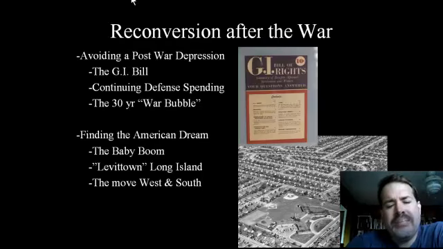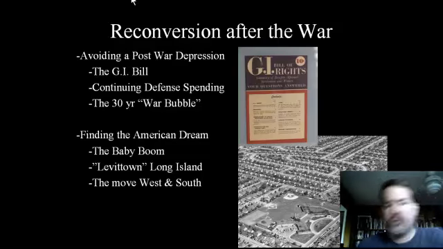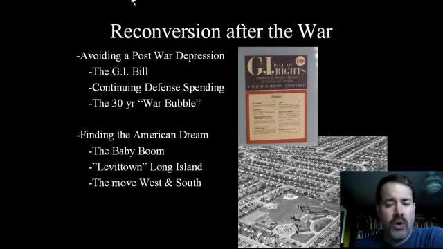After living through a complete decade, 1929 to 1940, of the Great Depression, after living through 4.5 years of a world war, Americans are tired of social and economic and political upheaval. They're wanting the American dream. They're wanting stability. They're wanting a good job. They're wanting a family. They're wanting a home of their own. They're wanting the American dream.